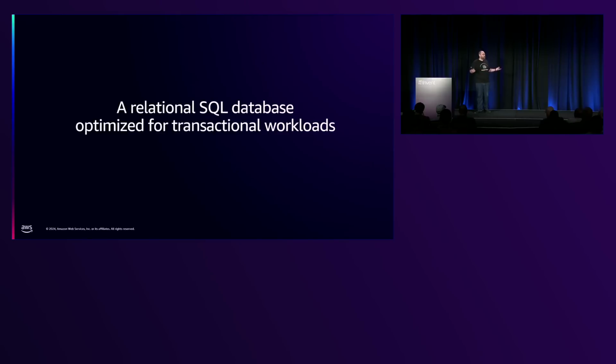We have other great options in the AWS portfolio for that. This is optimized for those transactional workloads, doing small reads and writes, generally 5, 10, or so on statements per transaction, relatively simple SQL, maybe a handful of joins.